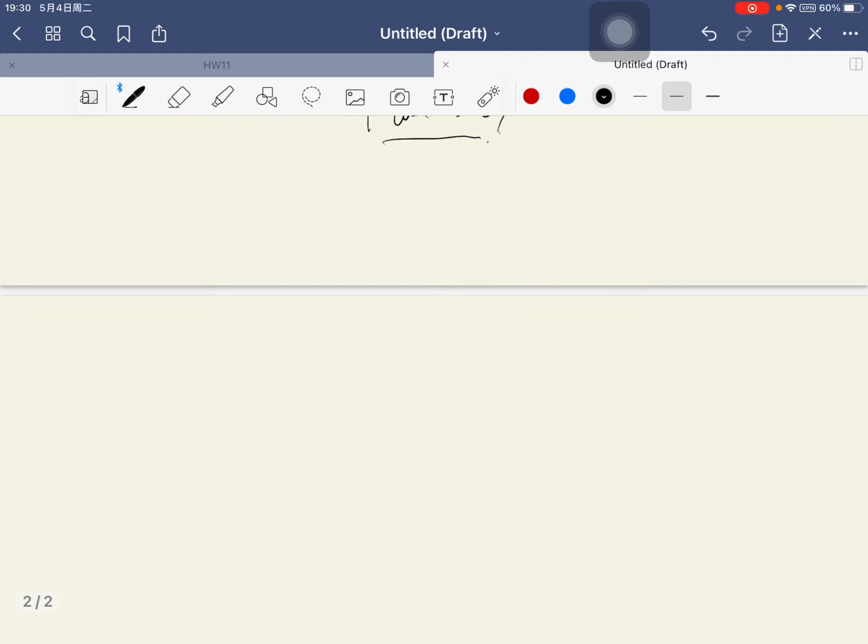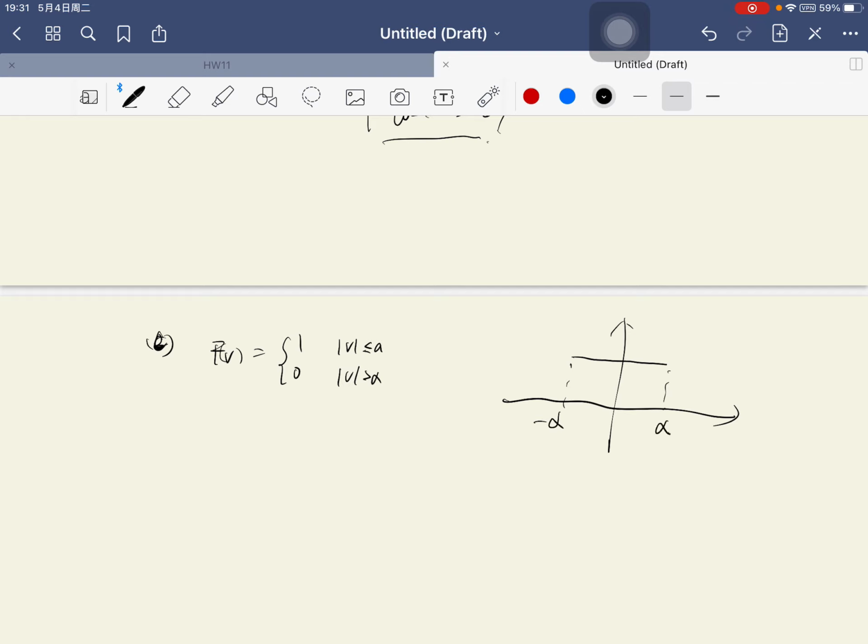And for the third formula, C is a door function, a rectangular function from minus alpha to alpha equal to 1.